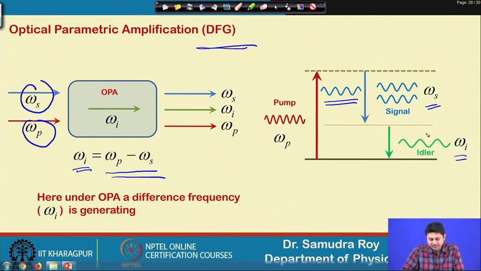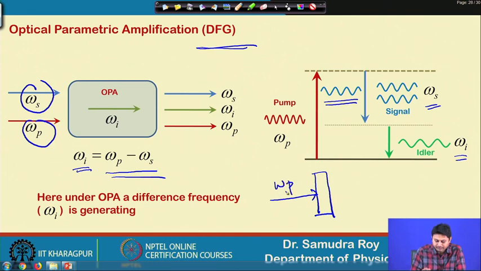So, the system absorbs the pump. If I draw this figure, this is the pump with frequency omega p, or in terms of field, E p. It is going to generate two different waves.